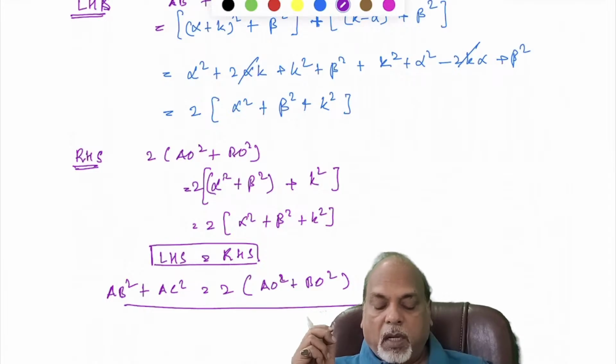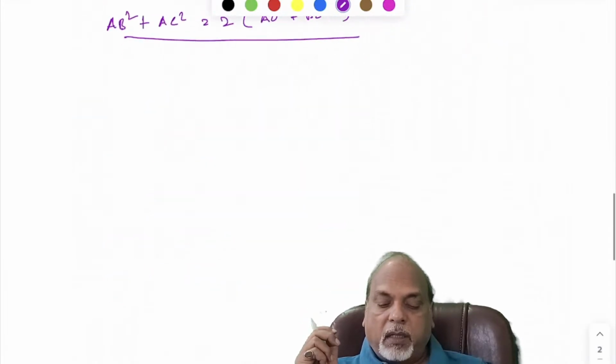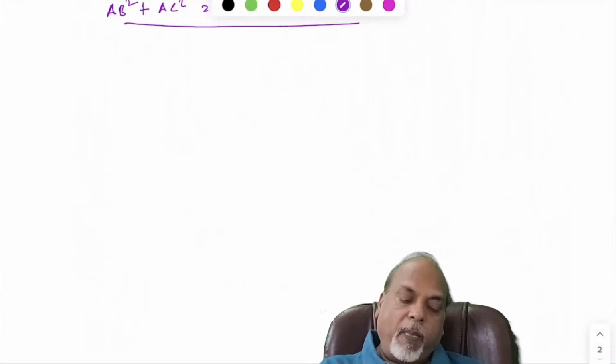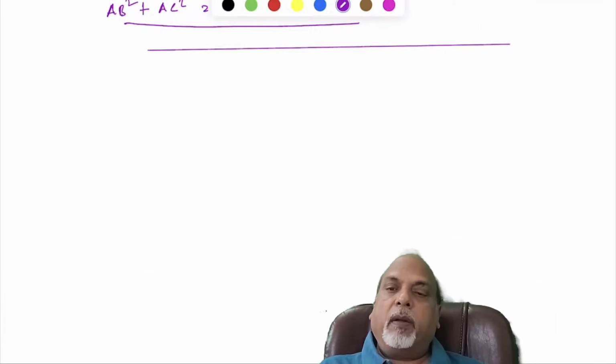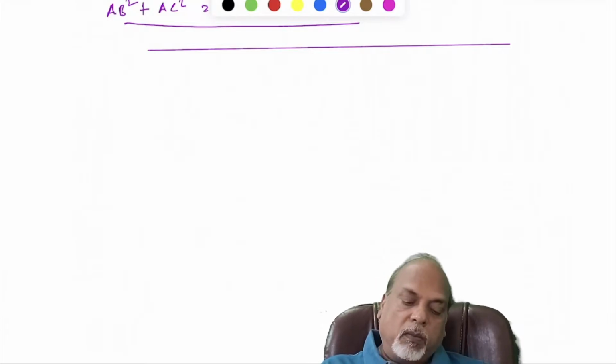Correct? Let us take another example. Because you can understand mathematics through examples only. Suppose you have a circle.